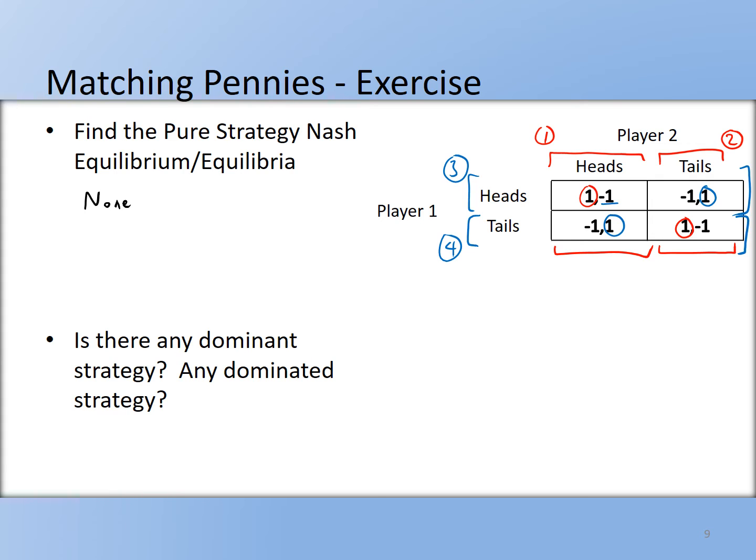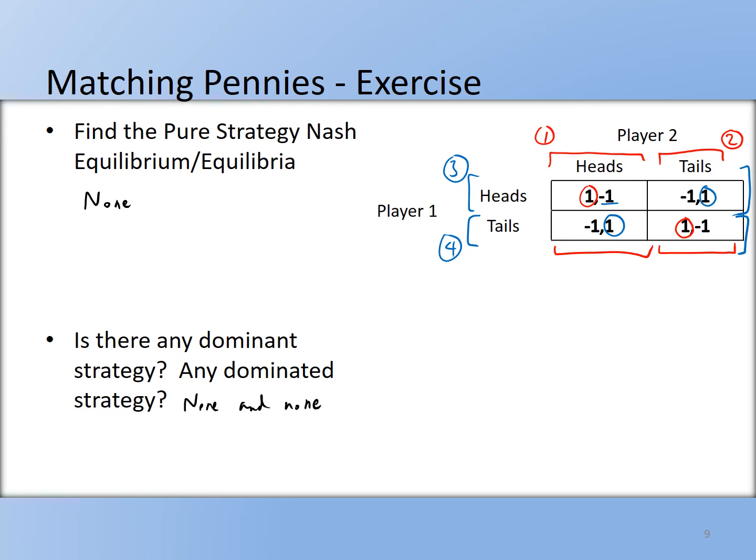None. Because the two players' incentives are intentionally opposite of each other. Any dominant strategy, remember, is an action that you always take. A dominated strategy is an action that you never take. None here, right?